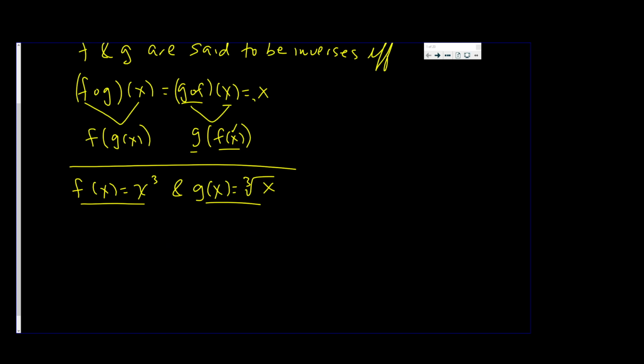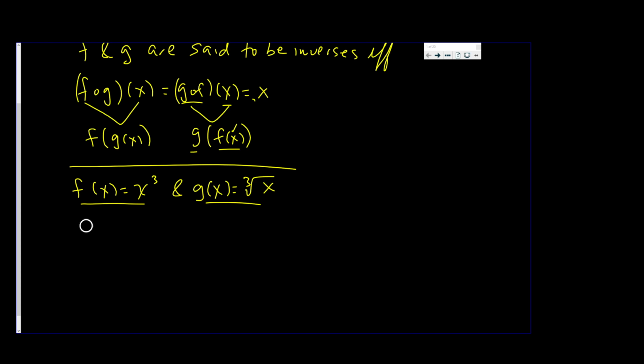F does something to x, maybe it cubes it, and then g computes the cube root of it, which gives you back what you started with. So yes, these two functions are inverses, but we want to prove this.